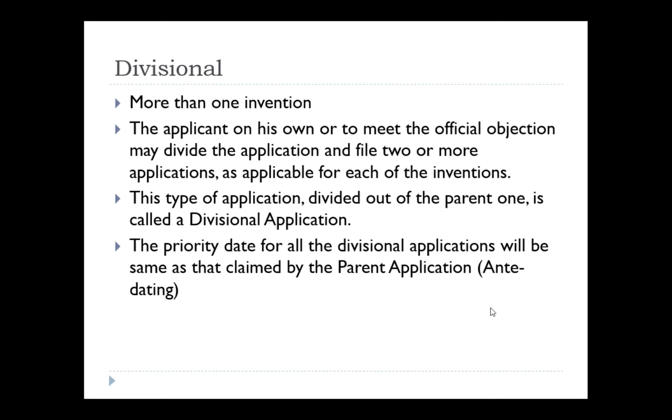Because you are filing it as a complete patent, it is being disclosed to the public, so the priority can be claimed from that date itself. You cannot alter the priority date meanwhile. So this is how the divisional application can be processed.